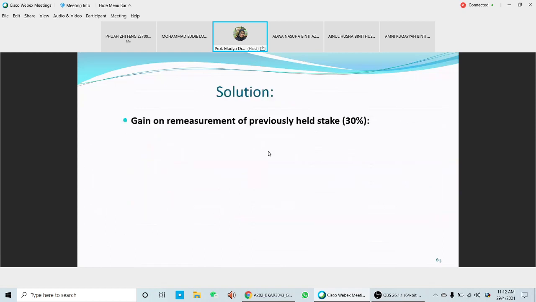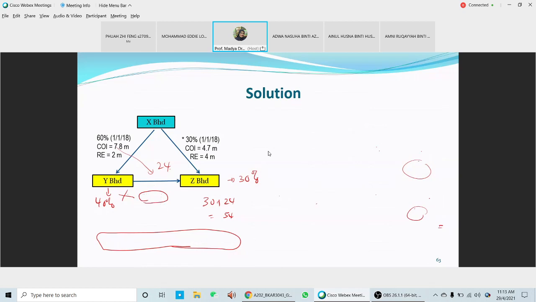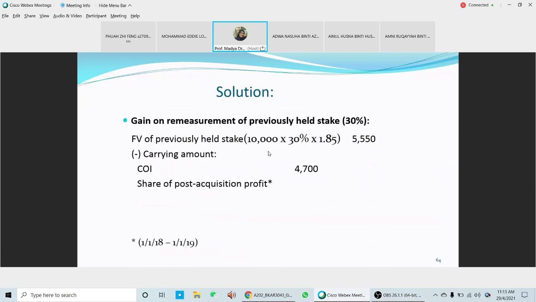Now, because it said that we need to treat the previous equity interest, when we bought the new shares here, we need to remeasure the previous stake. The previous stake that you have here is 30%.